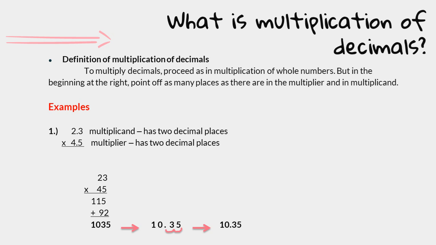Sa 2.3, meron tayong isang decimal place value. So, we have 1, kasi tenths lang po. Then, dun sa 4.5, isa lang din yung ating decimal place value kasi tenths lang din po. And then, ito total din natin yung number of place value ng dalawang factors. So, we have 1 plus 1 is 2.